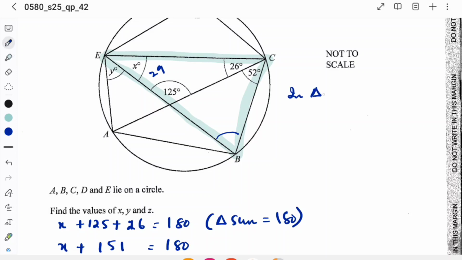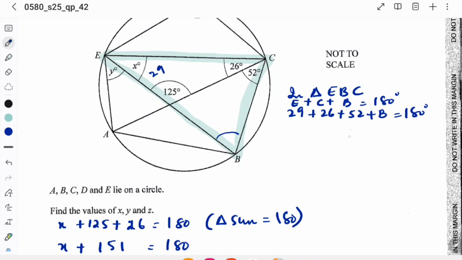In triangle EBC we have 29, 26 and 52. The angles E, C and B add up to 180 degrees, so C is 26 and 52 also, and angle B we have to find. Add all of them together and then subtract from 180 degrees.